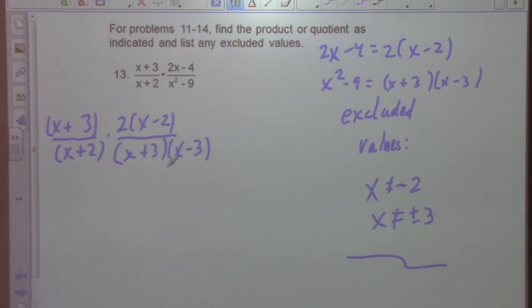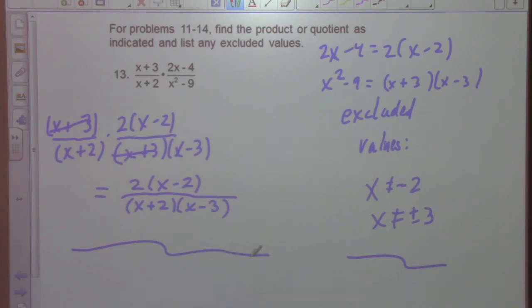You can cancel x plus 3, x plus 3. So we have left 2, x minus 2 over x plus 2, x minus 3. Okay, are we okay on those?